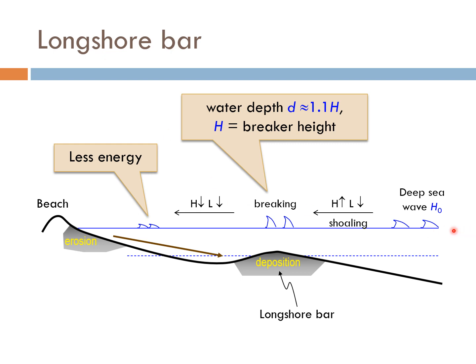Here, this figure shows the deep water wave approaching the shoreline. It undergoes shoaling, so wavelength reduces, wave height increases, and eventually it begins to break in the breaker zone because the wave steepness exceeded the critical value.